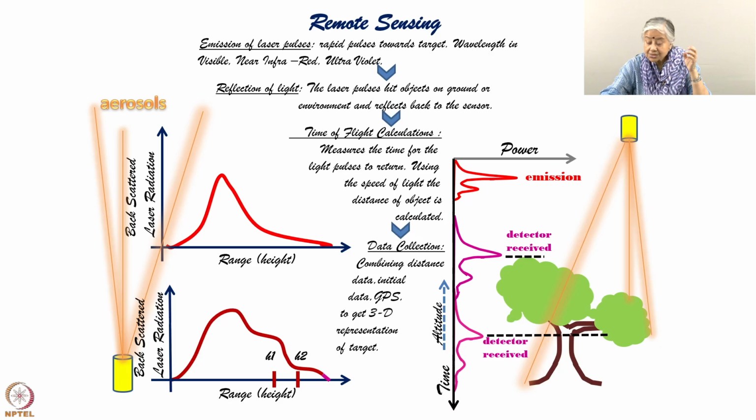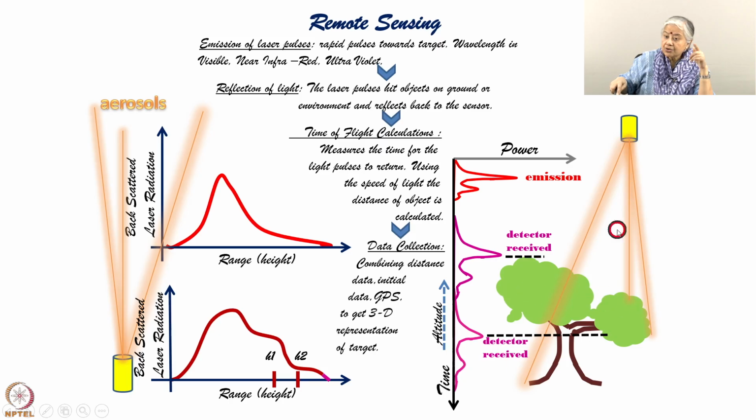So this is generally used a lot in mapping the terrain. When I show this beam, it is actually a beam with a very low divergence, and you can scan it from here to here to here.